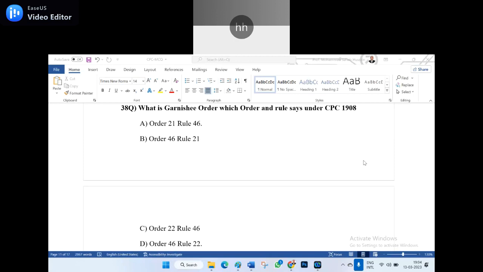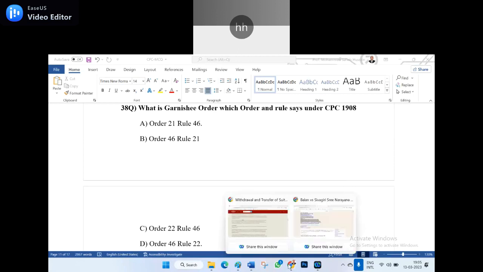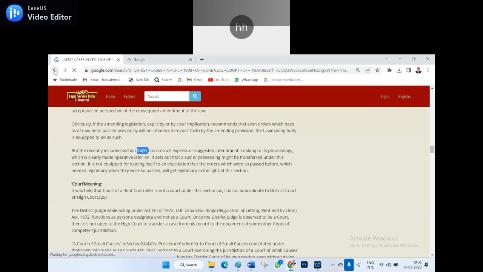Supplementary question: what is meant by garnishee? Even that can also be asked. Anyone? What is meant by garnishee? You read this in contract. You don't know what is meant by garnishee?